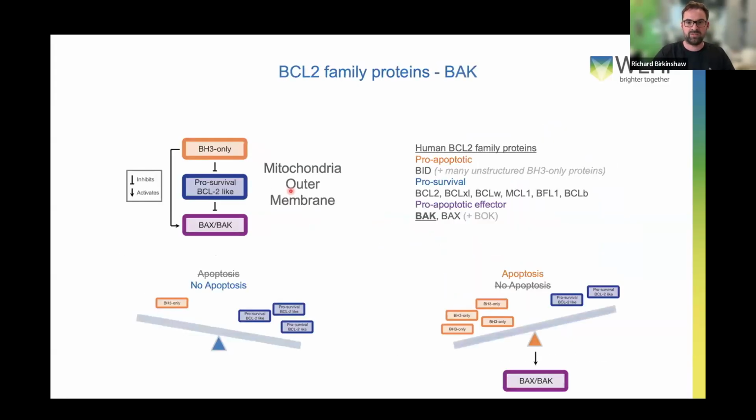So a little bit of background on the BCL2 family of proteins that we're particularly interested in, and BAK is a member of. These are broadly classified into three families by function and structure. You have the BH3-only proteins. These are largely unstructured with a single alpha helix. They promote apoptosis, and then keeping these in check, we have the pro-survival BCL2-like proteins. These prevent apoptosis progressing.